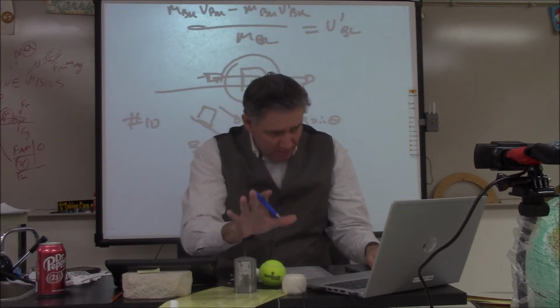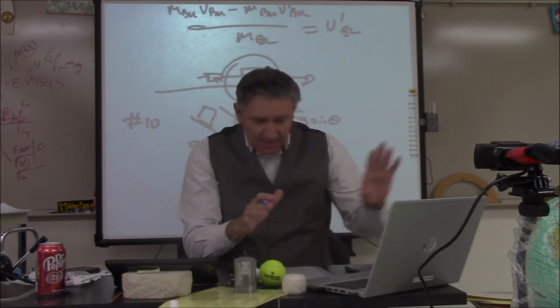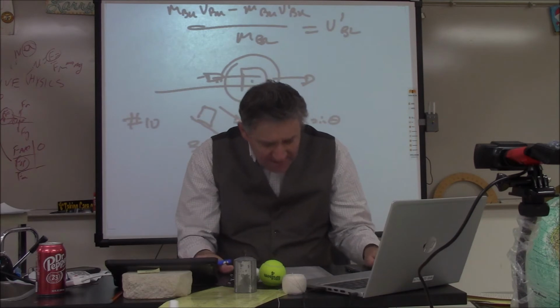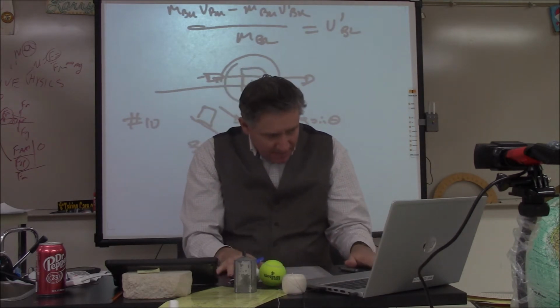So you need to find your force parallel using Fg sine theta. You already have the weight of the block. You're going to need the mass of the block later on when you find the momentum. So take the weight of the block, divide that by 9.8 meters per second squared. That's going to be your mass.